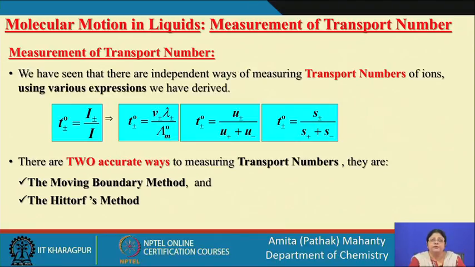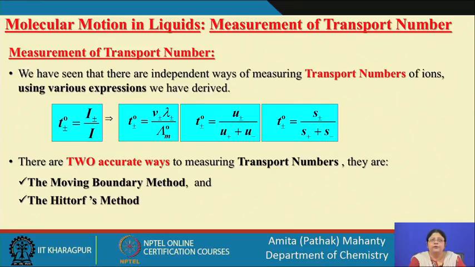So, this is the ratio, and we are going to find out the fraction of the current carried by the individual ions. And since the number of electrolytes we are dealing with is 1, the fraction of current carried by the anion and the fraction of the current carried by the cation, if they are added, should always equal 1. They are fractions, so the total should always be 1.